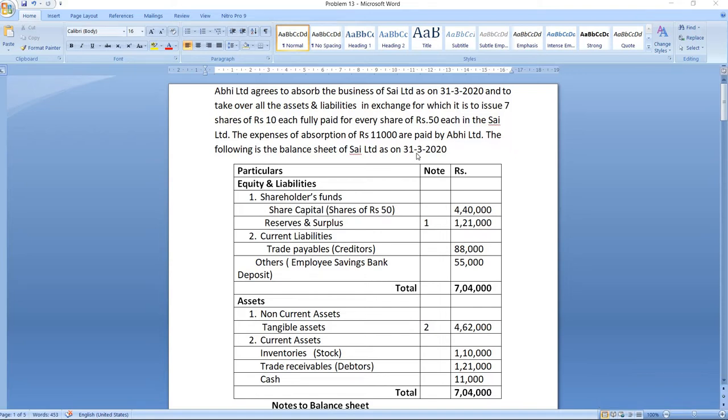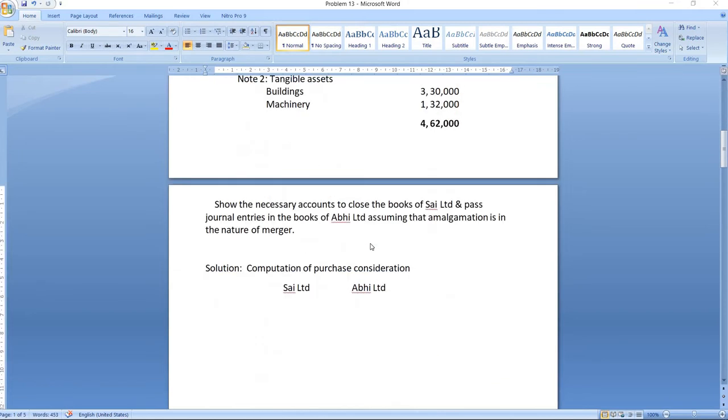So Abhi Limited is going to issue 7 shares for every 1 share in Sign Limited. Let us put it like this. If you have 1 share in Sign Limited, you will get 7 shares in Abhi Limited.